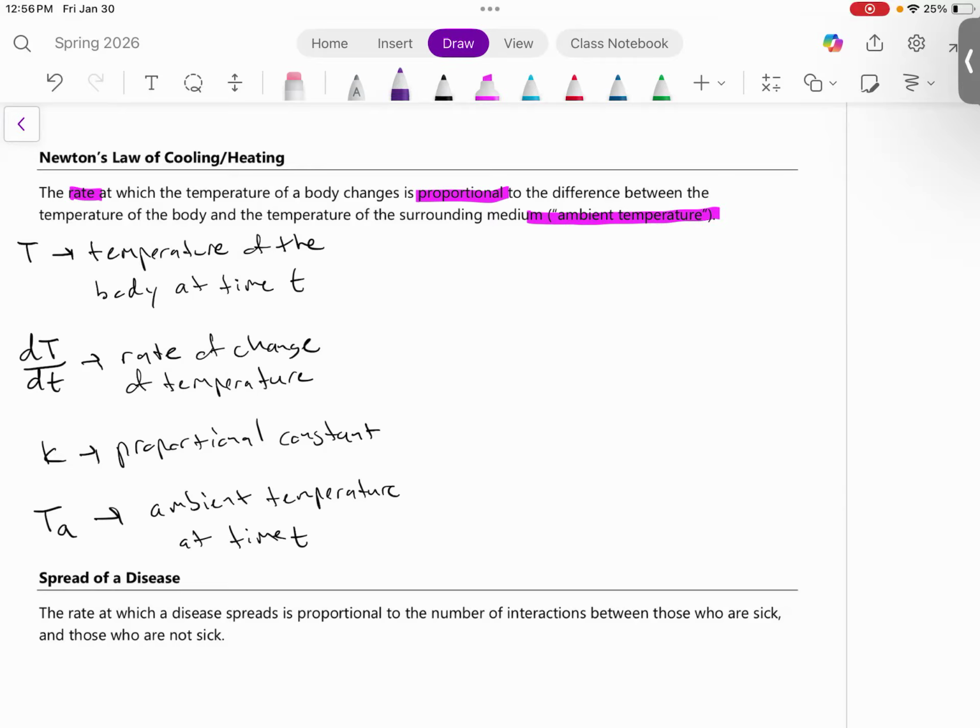The rate at which the temperature of a body changes is proportional to the difference between the temperature of the body and the ambient temperature. The difference means subtraction, right? So it would be k times the temperature of the body, T of t, minus the ambient temperature.